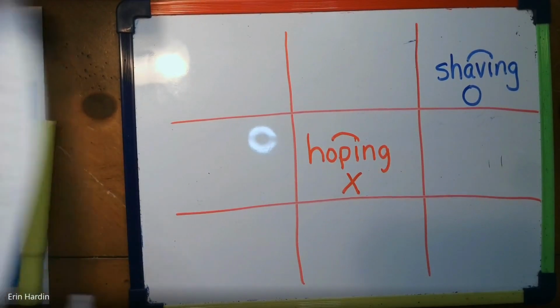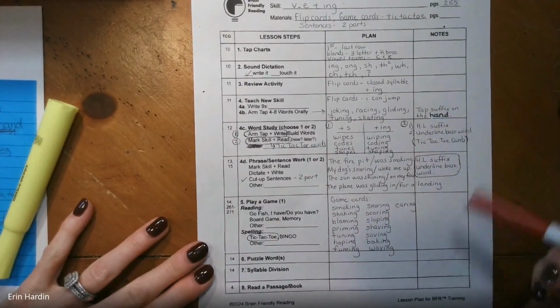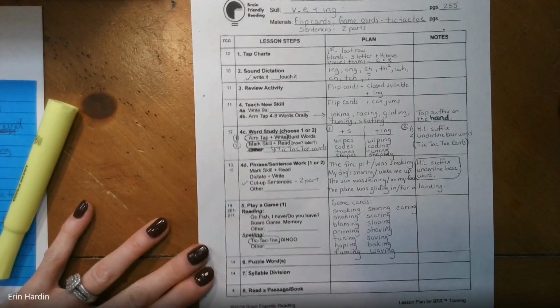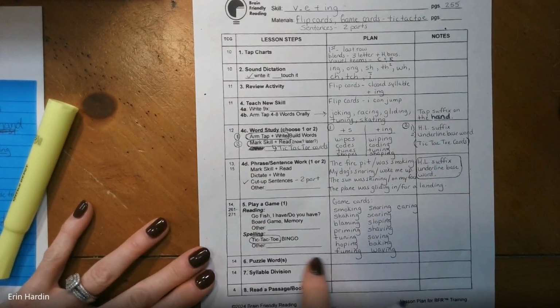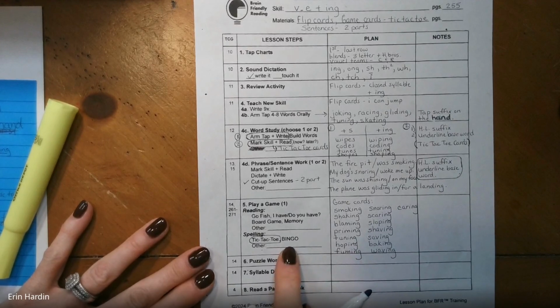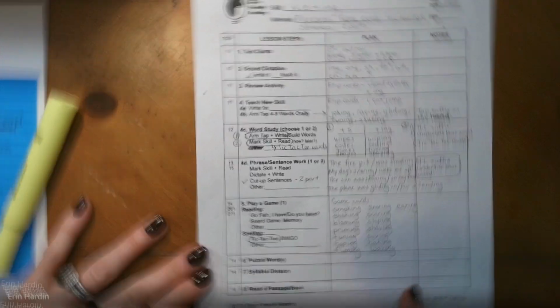And there you have a lesson plan for teaching your vowel consonant E plus ing. Know that these are not the only activities that you can do. You can also use these game cards to play bingo later, so students get more practice.